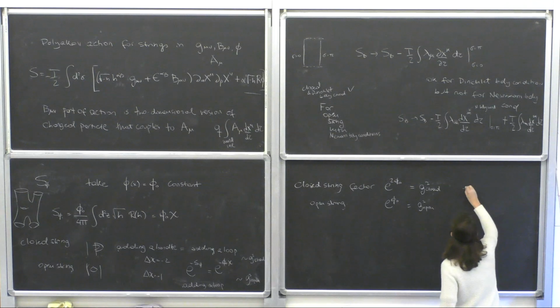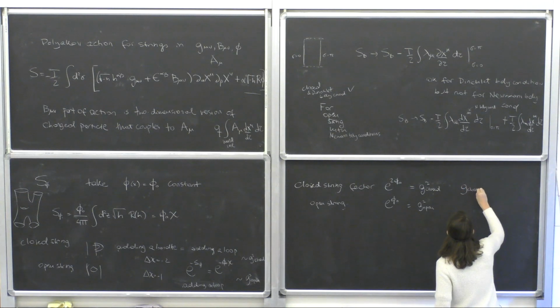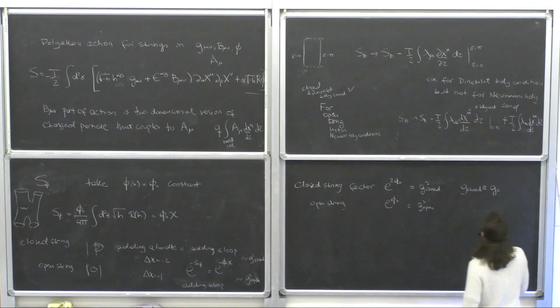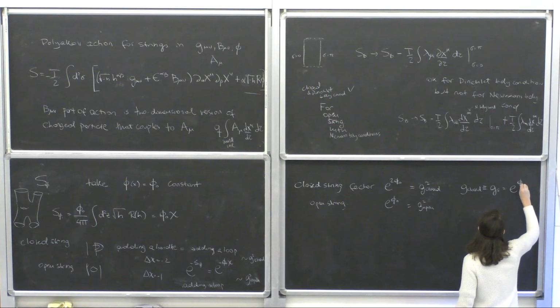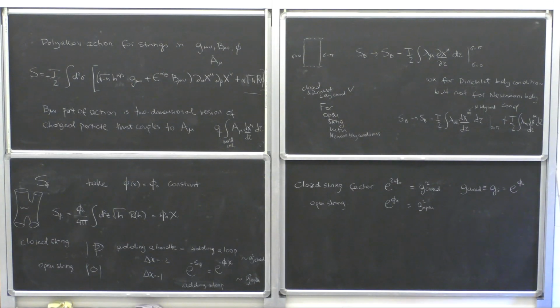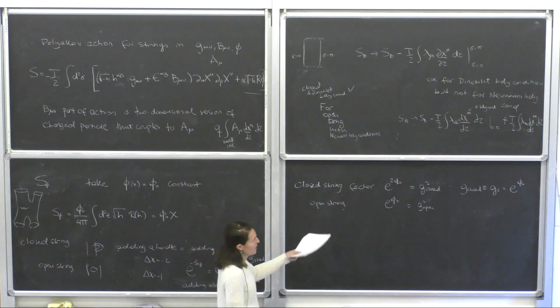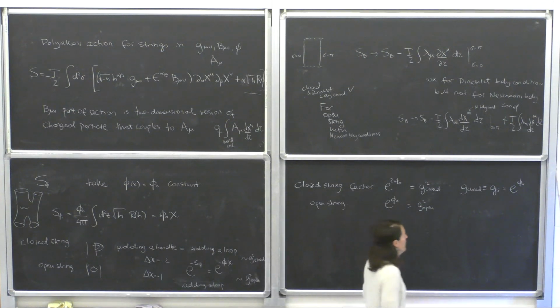So g closed, that we call g string, is not a free parameter, but is e to the phi 0. It's the vacuum expectation value of the dilaton. That's why it's not a free parameter, it's a vacuum expectation value of a field, which is something you're not used to in quantum field theory.